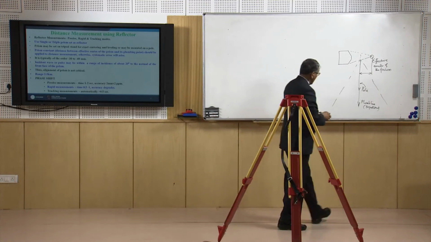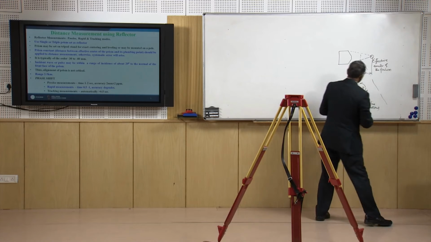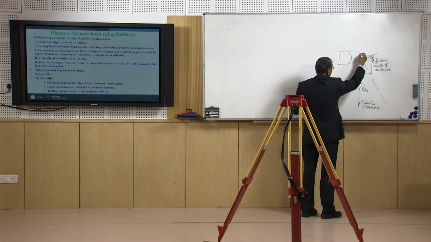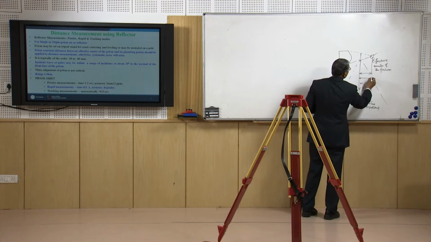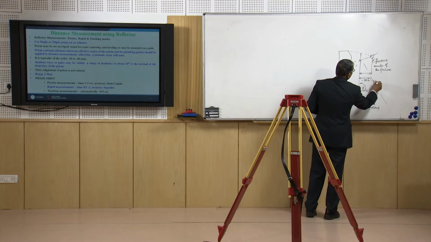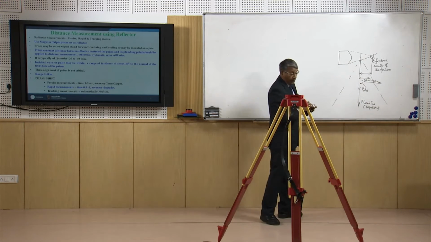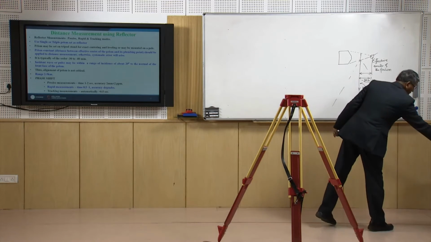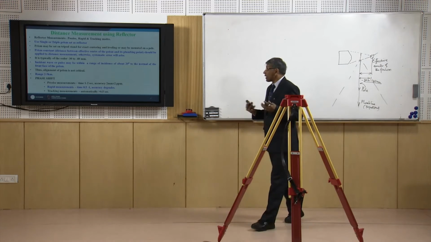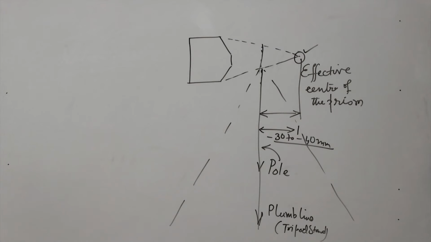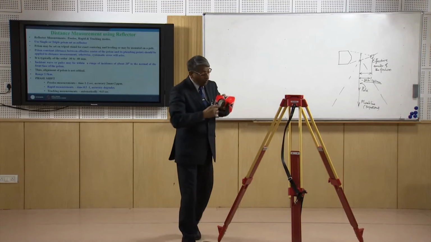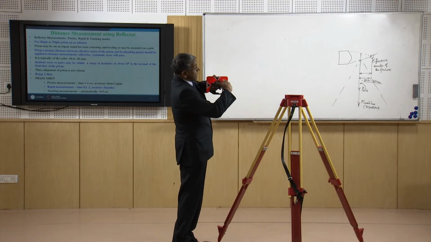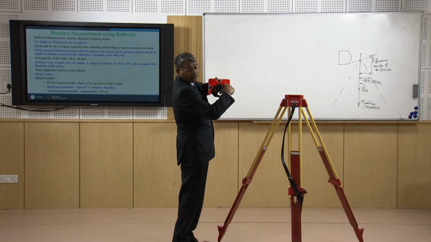So, the measurement we do is with respect to this, but we want to get this. So, there is a distance of some minus 30 to 40 millimeter, which is called the prism constant, which we need to take into account whenever we measure using the reflector. With each reflector, you will be able to get this value, here minus 30 millimeter offset.